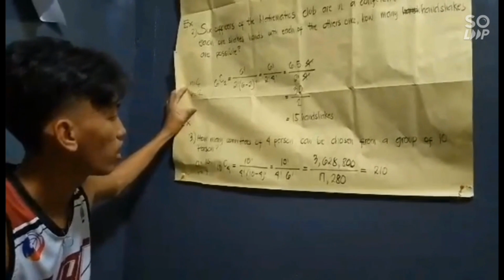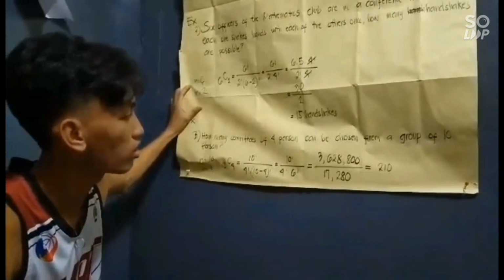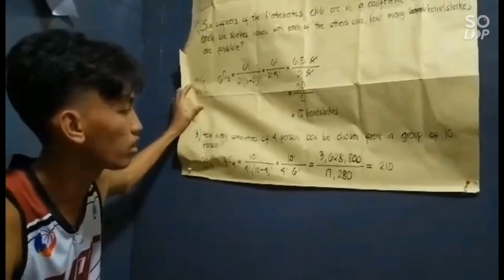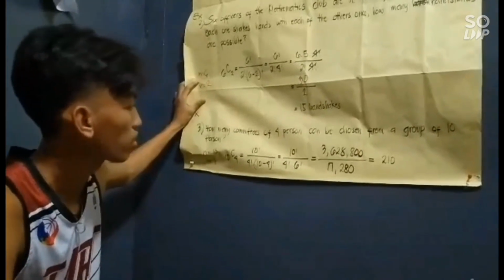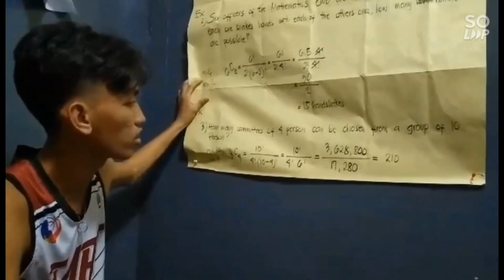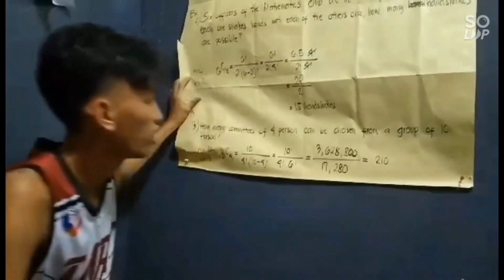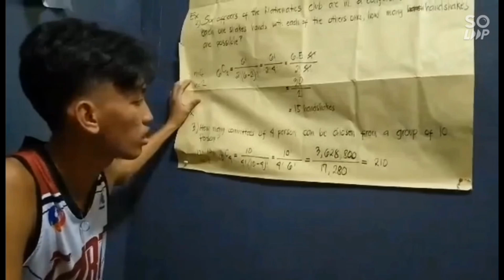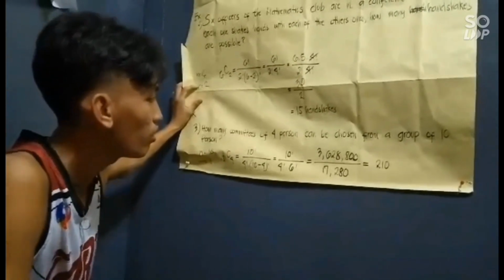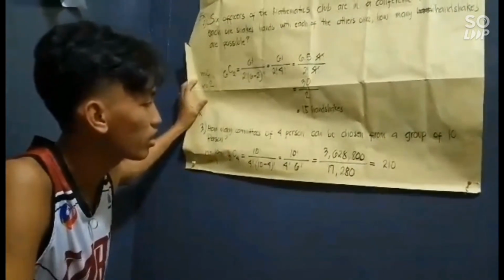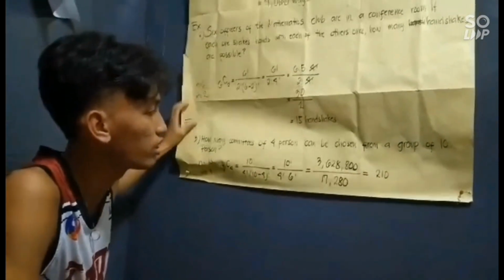The 10 factorial result is 3,628,800 over the result of 4 factorial times 6 factorial, which is 17,280. So we divide 3,628,800 by 17,280. So the result is 210.